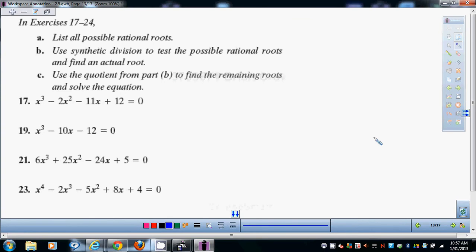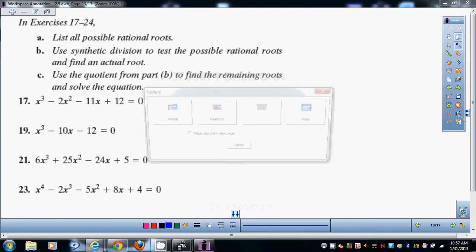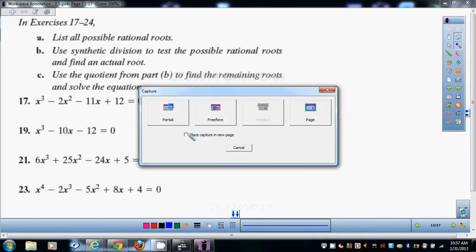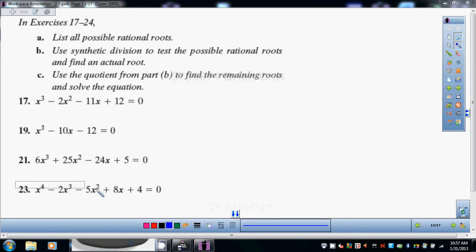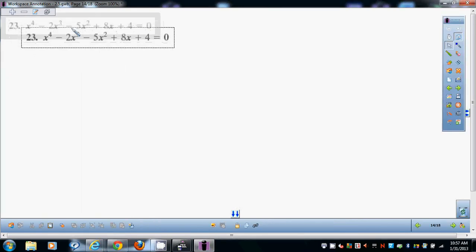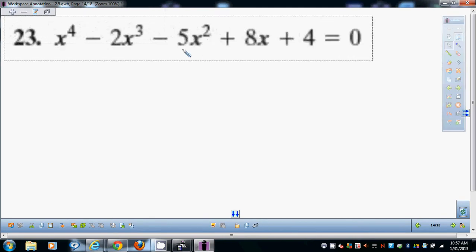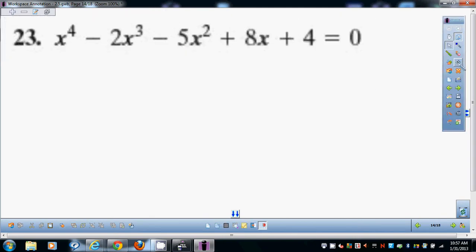Now, I'm really throwing Marco off the deep end of the pool here, because how many does he have to find in order for this to work? He has to find 2 of them that work. You want me to start you with a cube? Let's start you with a cube, and then we'll do a 4th here in a second. Just kidding. Marco is instead going to work number 21. You're on 21, sir. Yes, work it along with him.